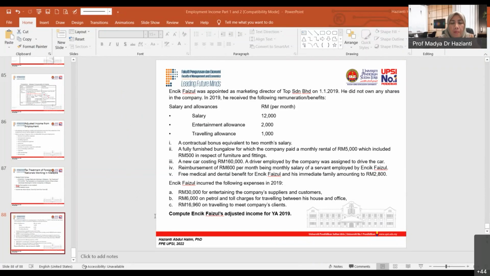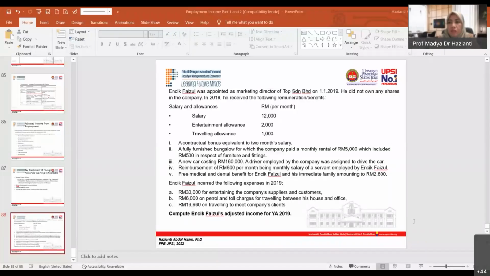Let's do it according to the section. Anyone? How much is the salary? Okay, salary 144,000. Salary is easy, you just multiply 12,000 by 12 months.